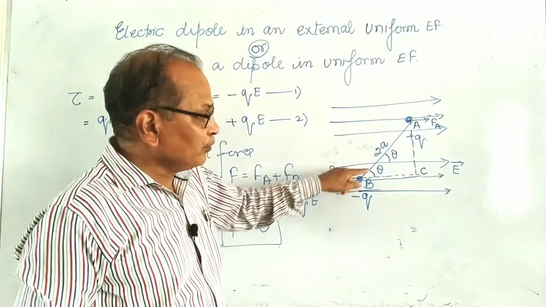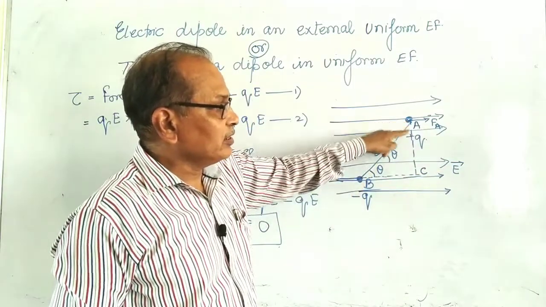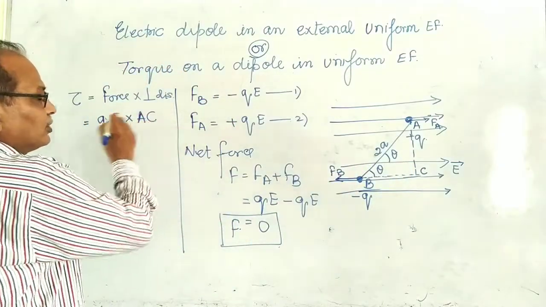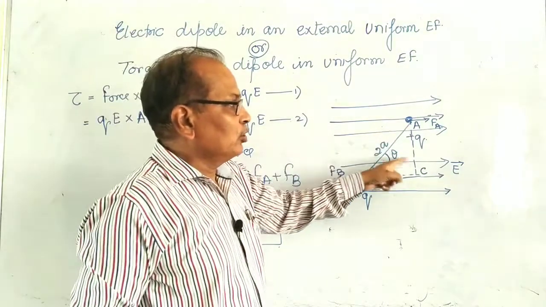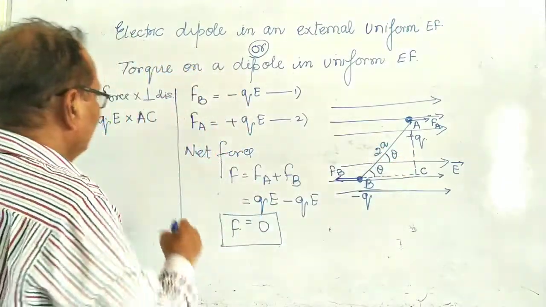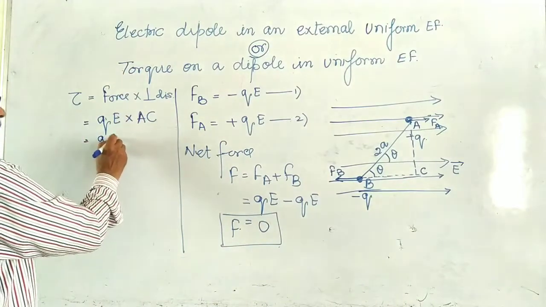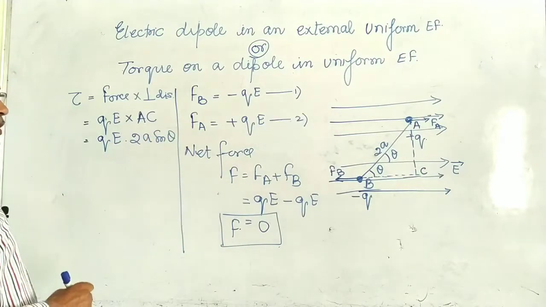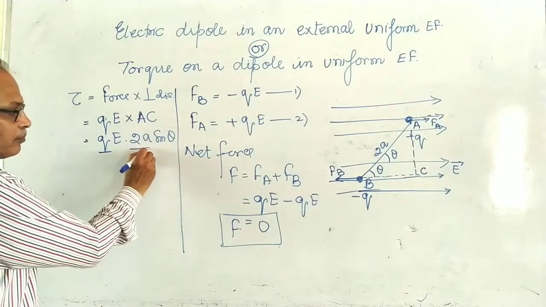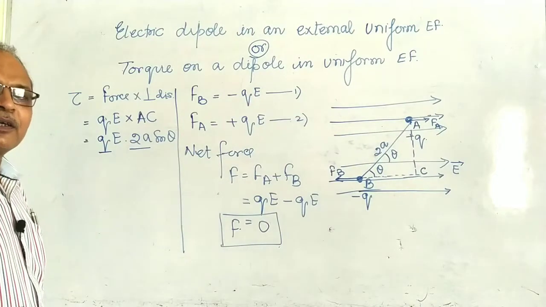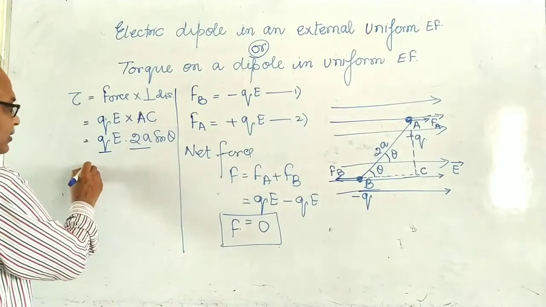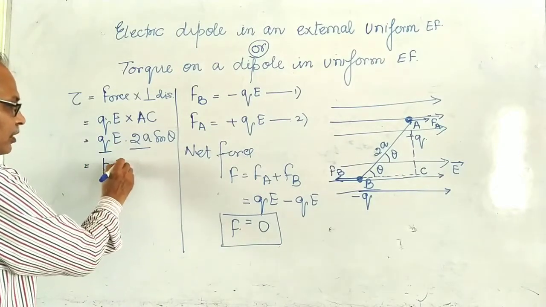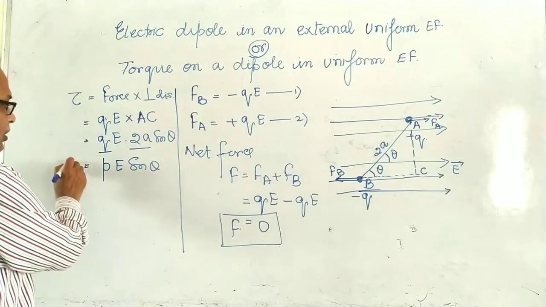Therefore, if this is theta, the perpendicular distance is what? AC. This is AC, and AC will be 2a sin theta. This can be written as QE into 2a sin theta. Q into 2a is called the electric dipole moment, and this can be written as P. It is P E sin theta. This is torque.